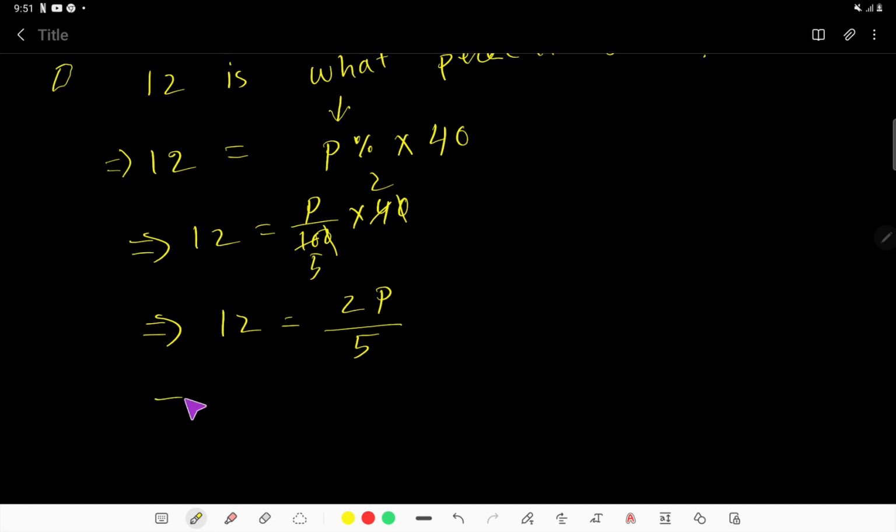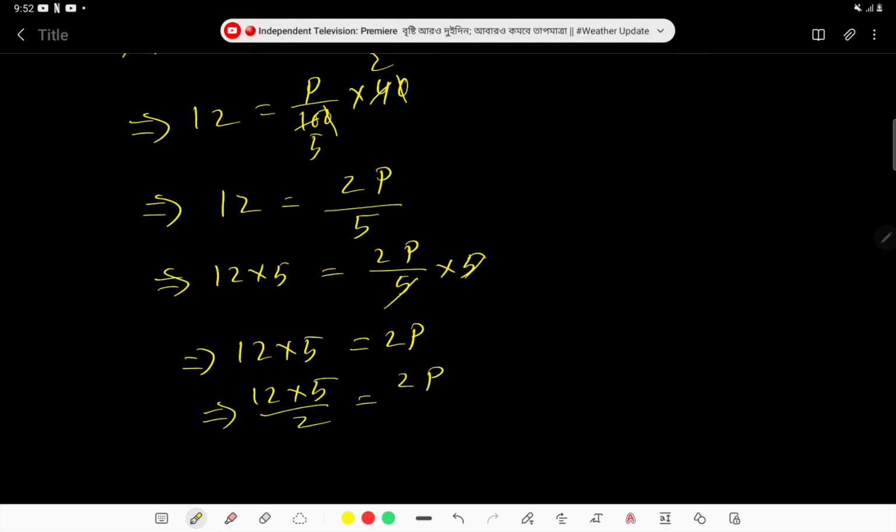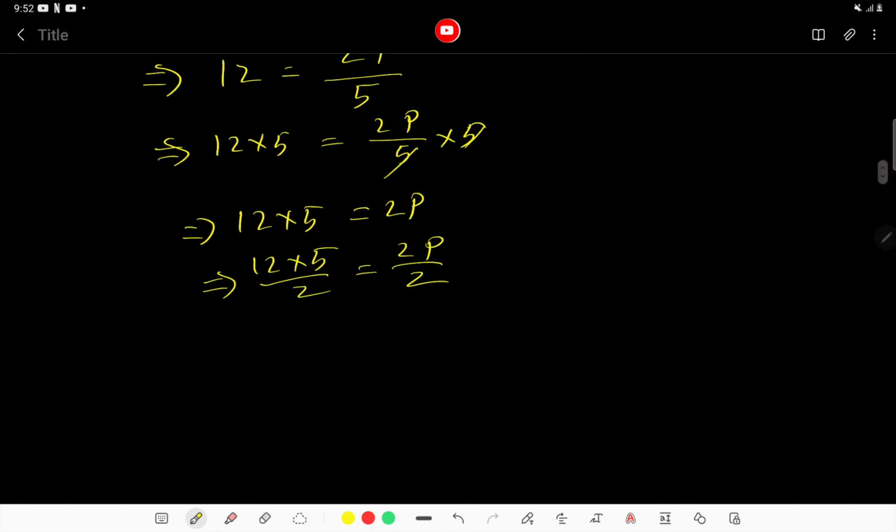Look, if I multiply both sides by 5, what will happen? Cancel each other, so we are getting here 12 times 5 equal to 2p, then divide both sides by 2. So we are getting here 12 times 5 divided by 2 equal to p.